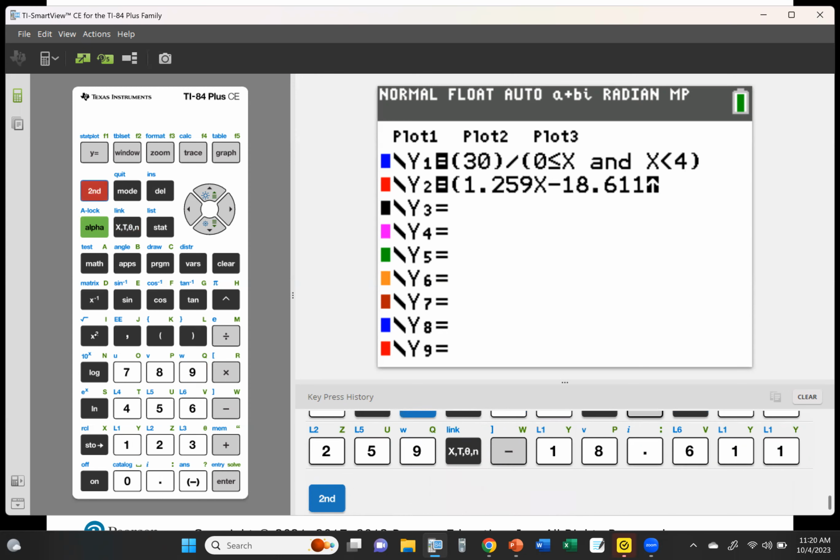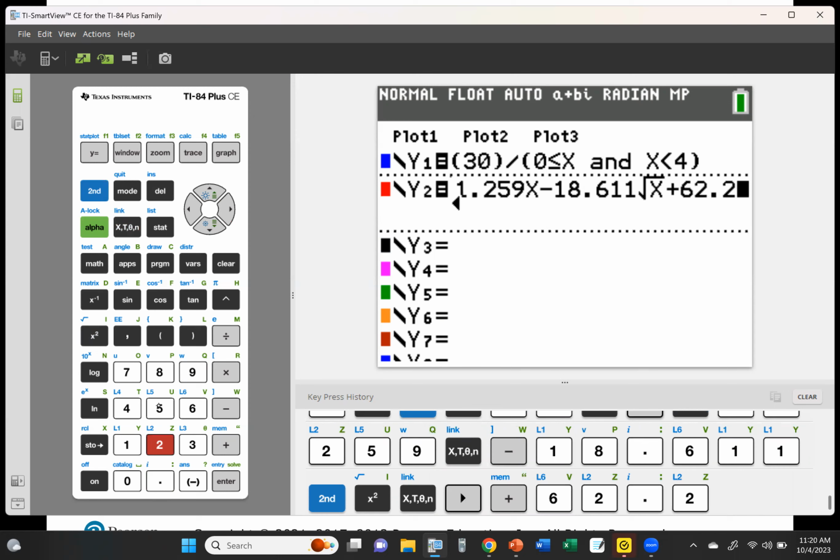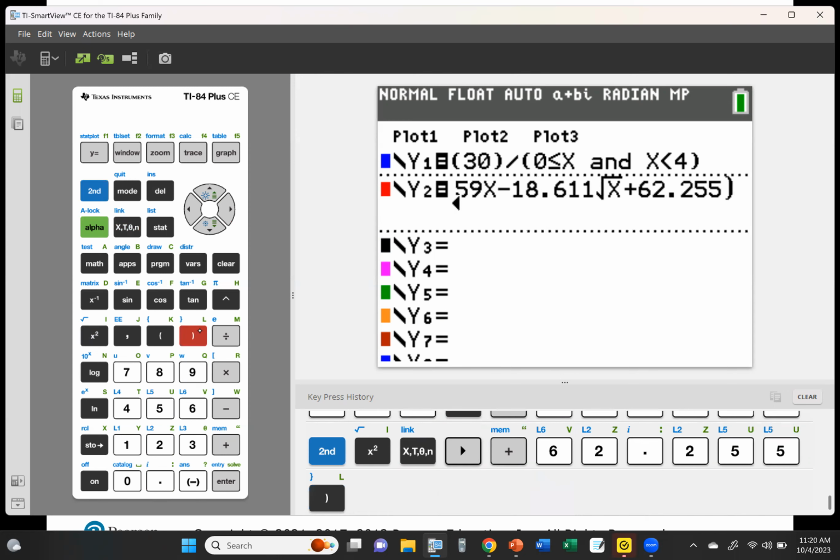So go find my square root symbol of x. Now we're going to arrow out of there. Plus 62.255. So we're going to close those parentheses.